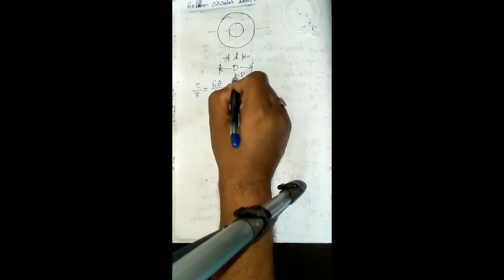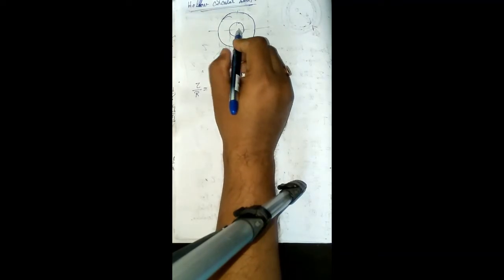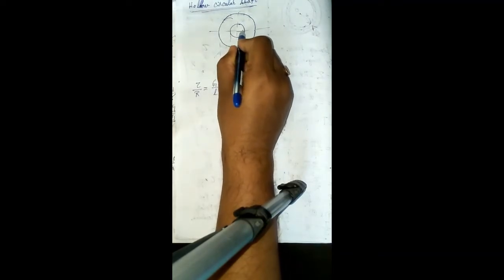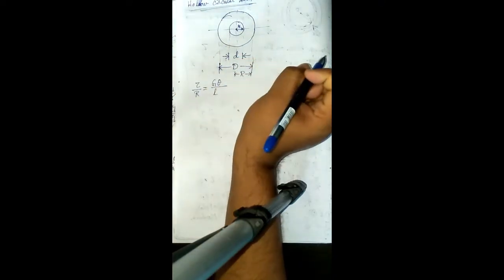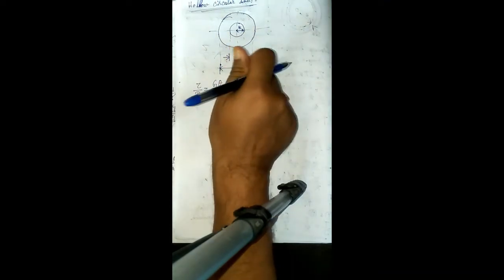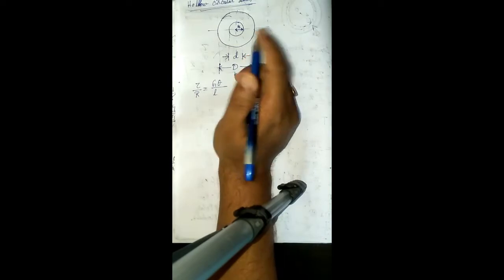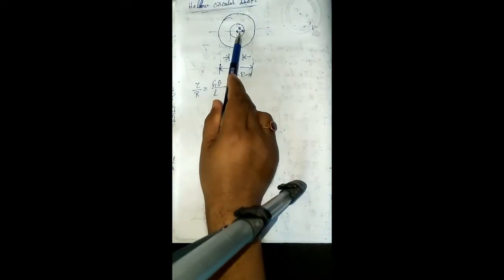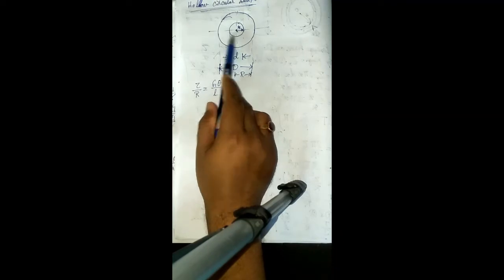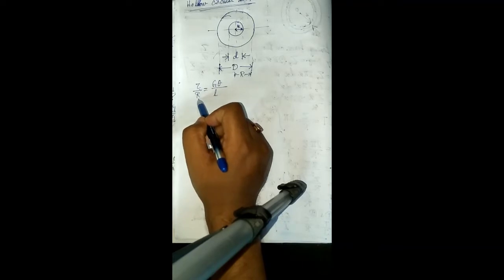This is capital R and this distance is small r. Capital R is the outer radius of the shaft, small r is the inner radius of the shaft. Tau is the shear stress at radius r.